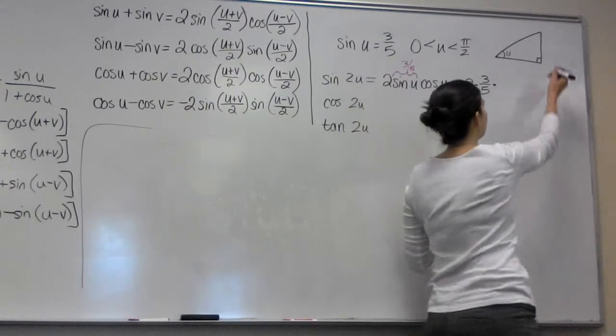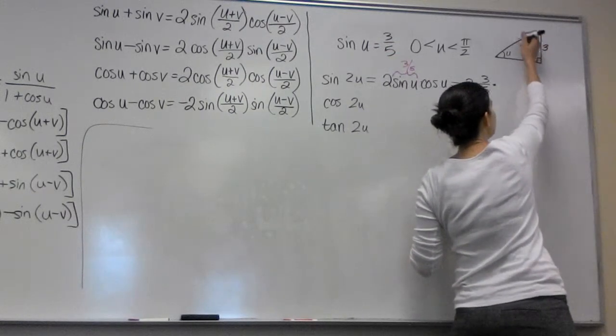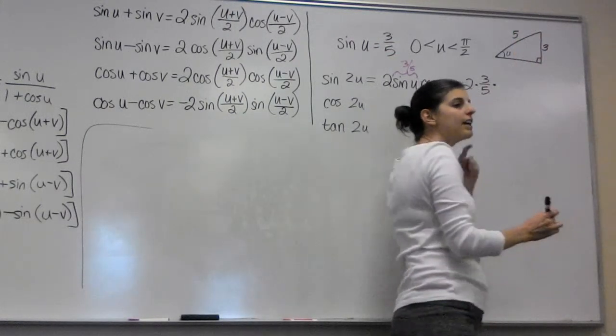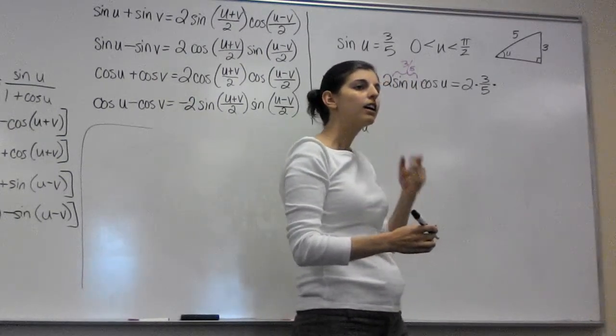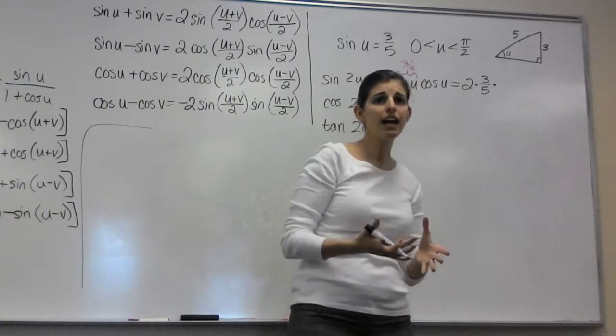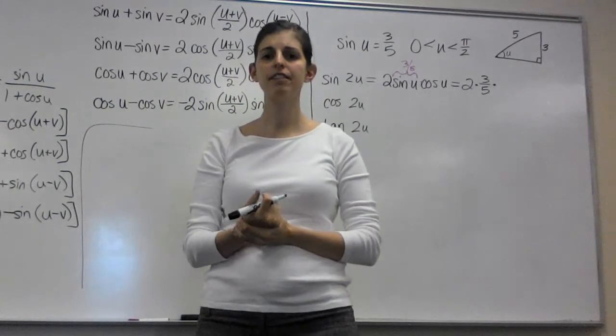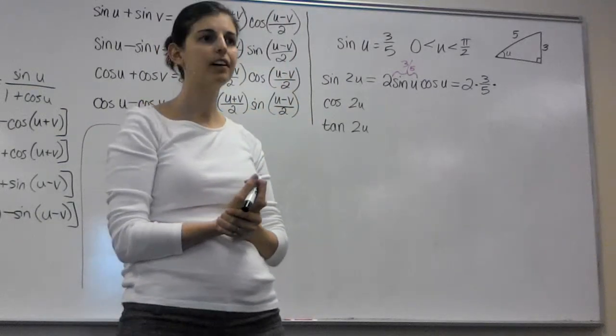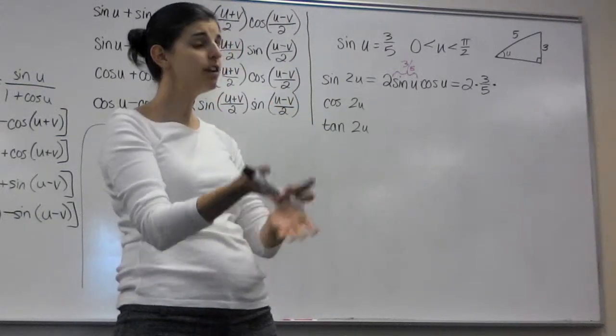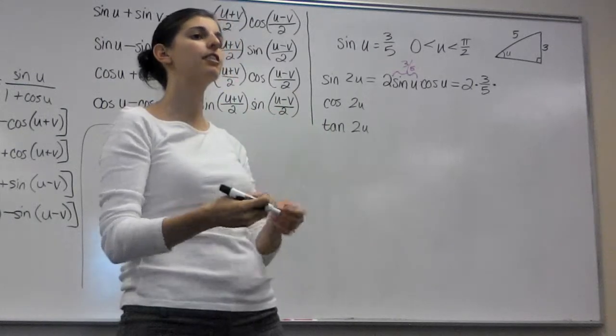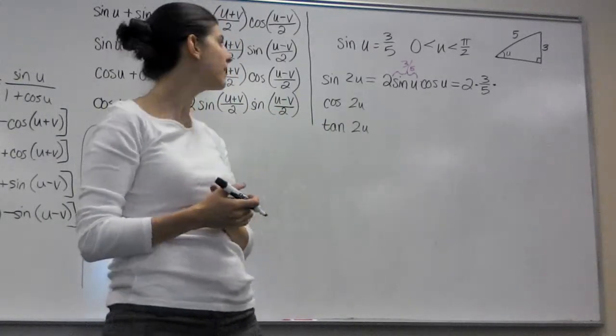So the opposite side is 3, the hypotenuse side is 5. In the same triangle, how would you find the cosine of that angle? You're going to need the Pythagorean theorem. The cosine is the adjacent side over the hypotenuse side. You need the adjacent side length.